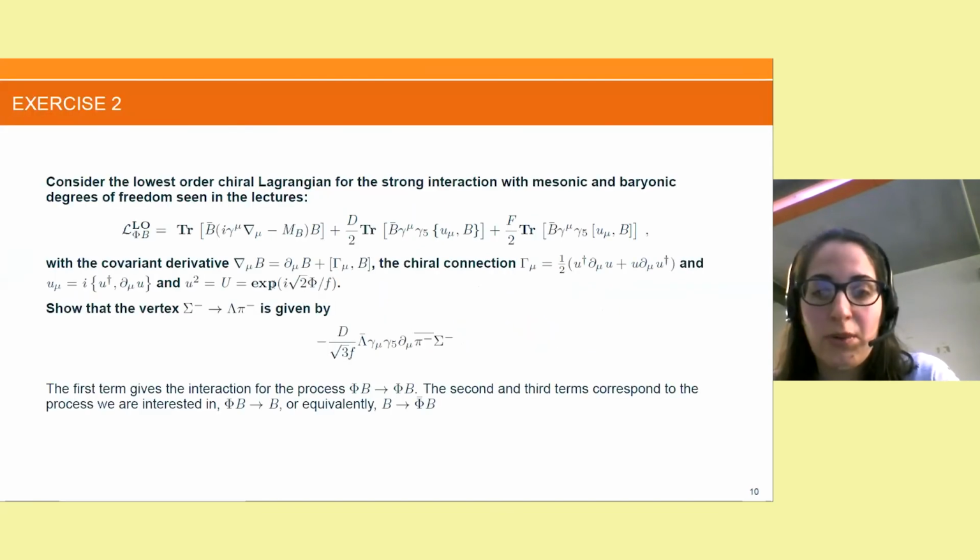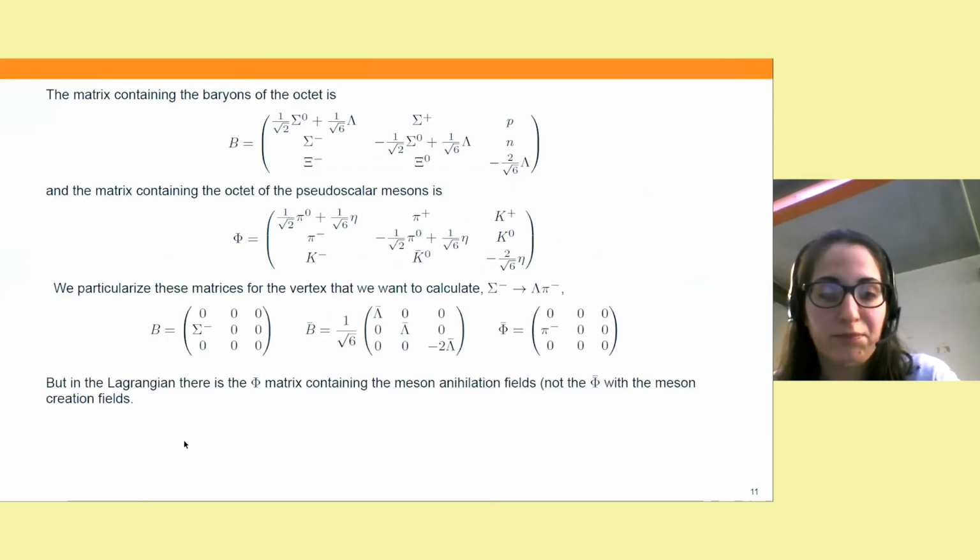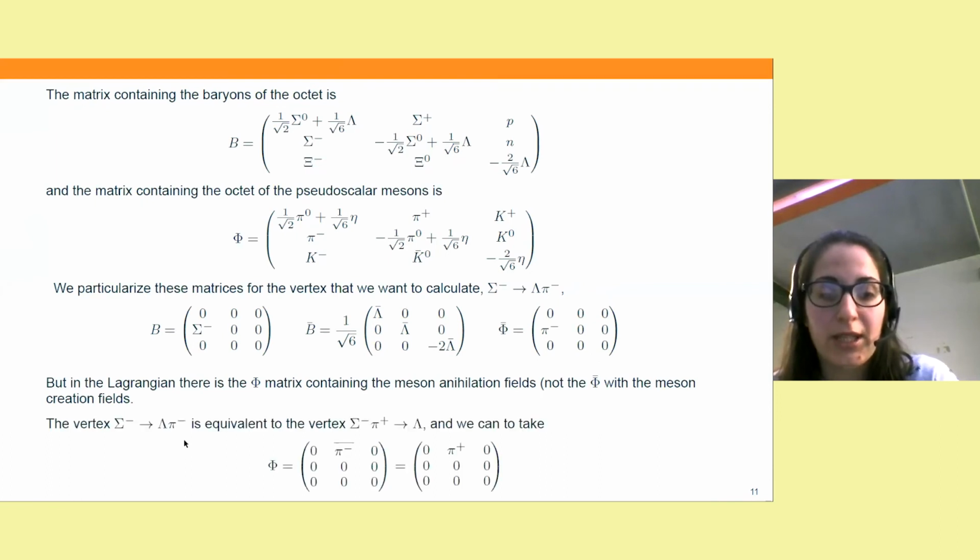In the Lagrangian, however, we have this u defined in terms of phi, not phi bar. But we can see that this vertex, a sigma minus going to a lambda and a pi minus, is the same as if we had this other vertex. It's the same to calculate this vertex as this one. We should get the same expression from the Lagrangian.